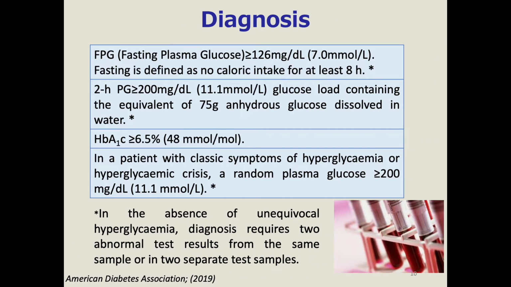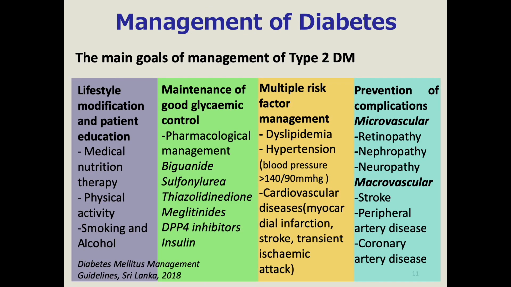Fasting plasma glucose should be more than 126, and 2-hour plasma glucose is more than 200, which is done in the oral glucose tolerance test or OGTT, and HbA1c more than 6.5. In patients with classic symptoms of hyperglycemia or hyperglycemic crisis, a random plasma glucose more than 200 is also considered as diagnostic. So now we'll talk about the management of diabetes.